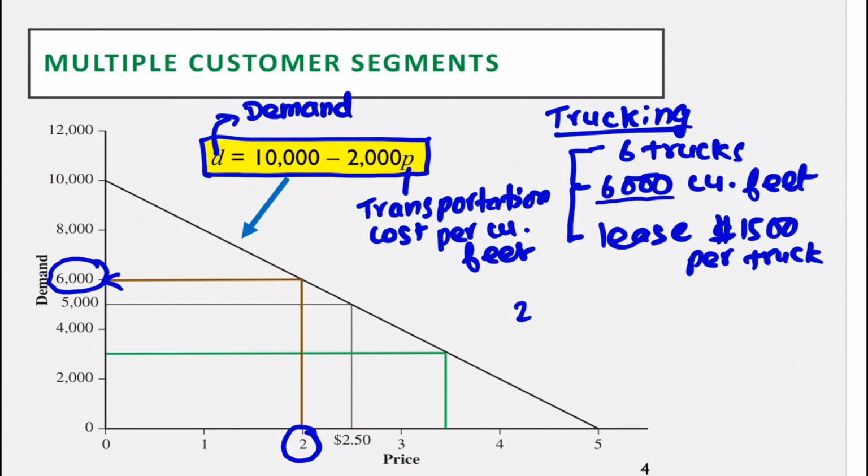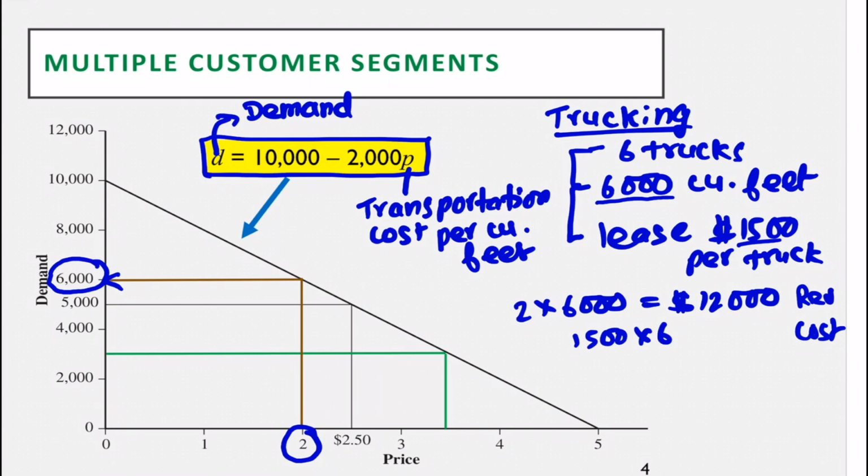Which means 2 times 6,000 is 12,000. So that's going to be the revenue. The cost is 1,500 times 6 for all the trucks, so that's $9,000. So net profit is about 3,000. But if you increase the price to $3.50, demand is going to fall to about 3,000.